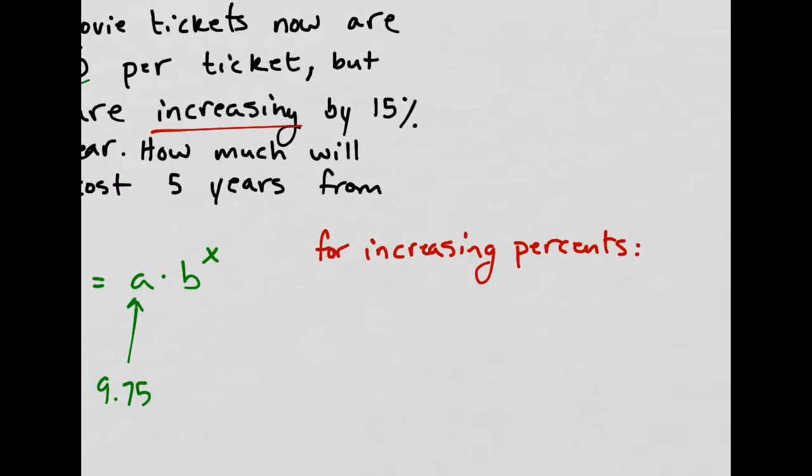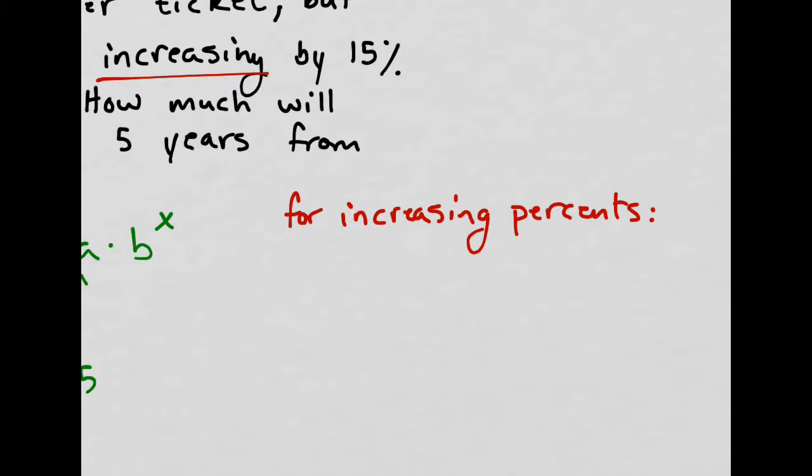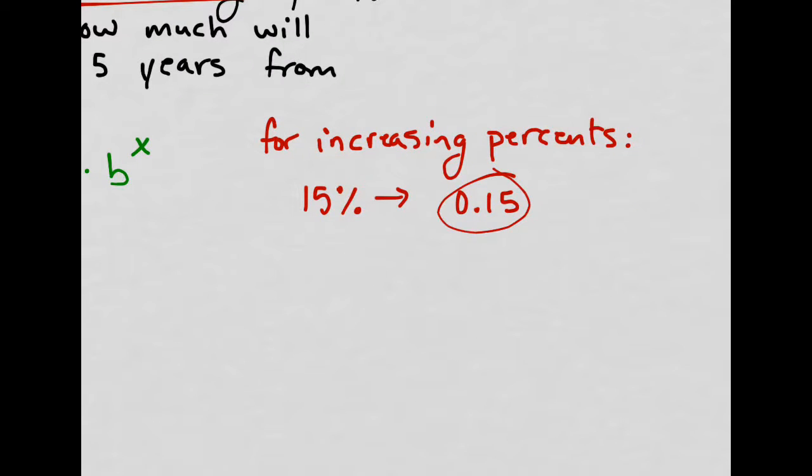Anytime you want to increase by 15%, you change it to a decimal. 15% changes to 0.15. You just move the decimal over twice. If you're increasing, you do 1 plus 0.15, because this takes the whole amount and increases it by 15%, since percents are just decimals, 15 over 100.